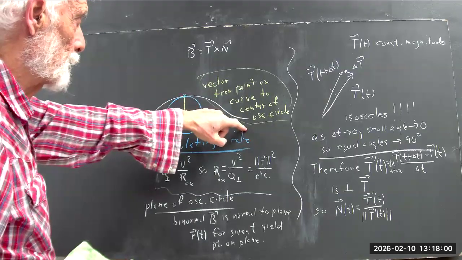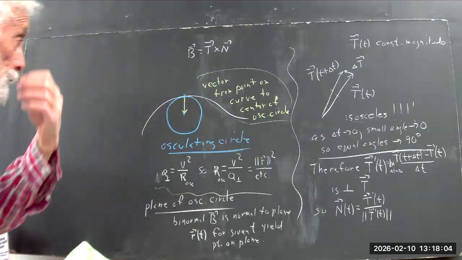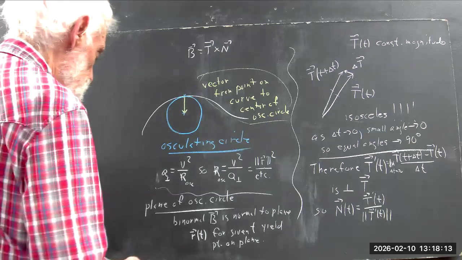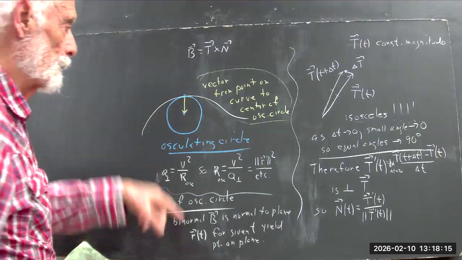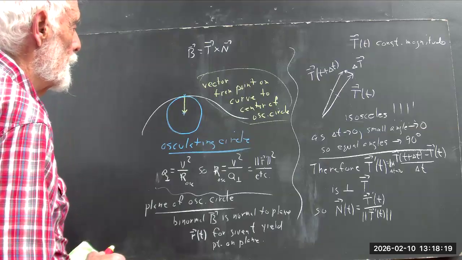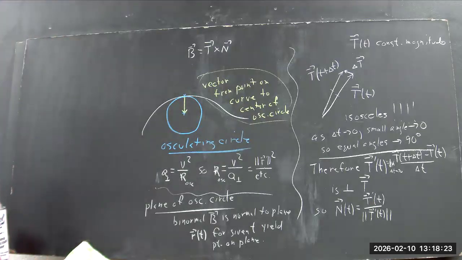What else can you say about this vector from the point to the center of the osculating circle? It's in the plane of the binormal, and it's perpendicular to the curve, right?